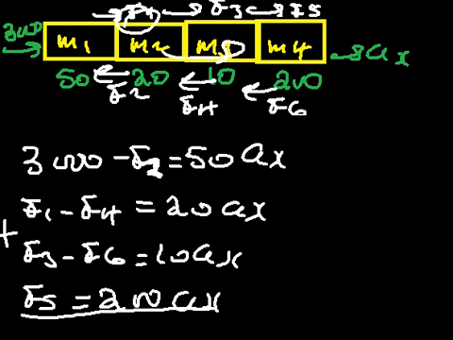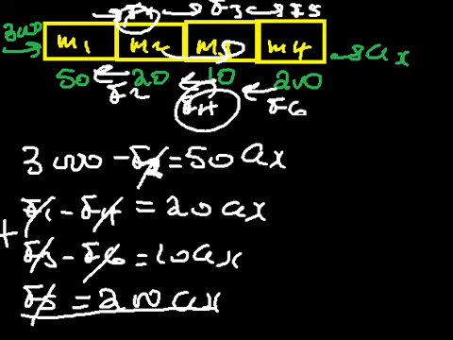So F2 as well as F1 are going to cancel. And also F4 and F3 are going to cancel, because they are in different directions according to Newton's third law of motion.